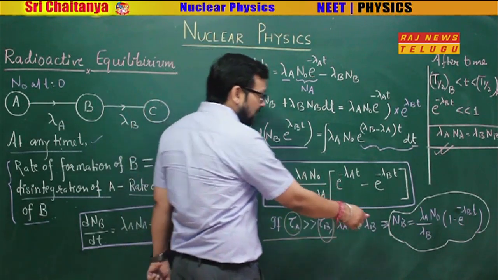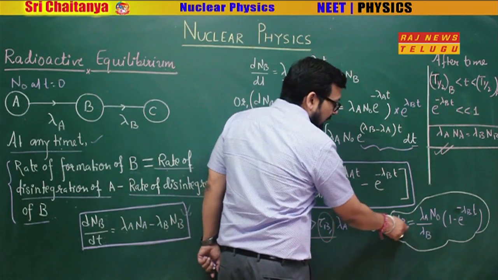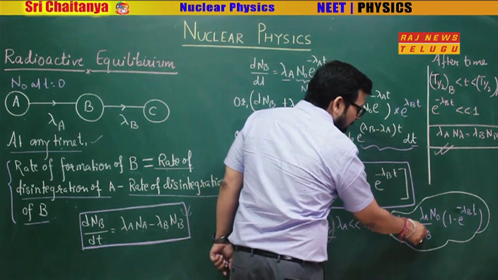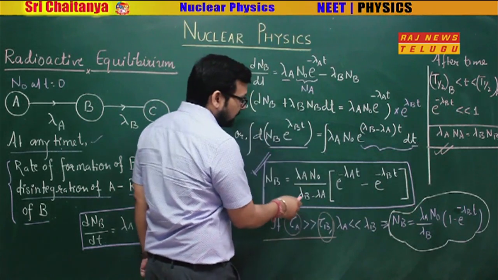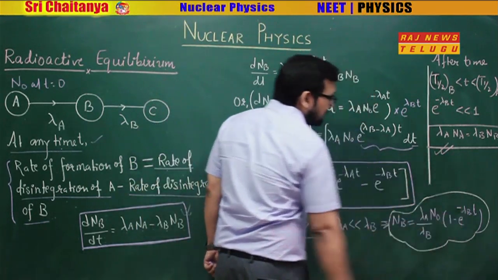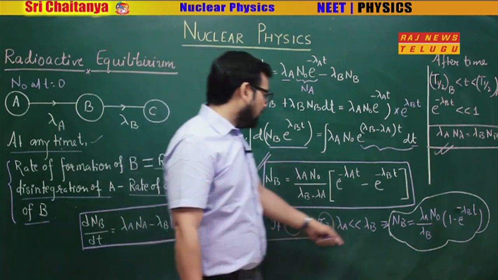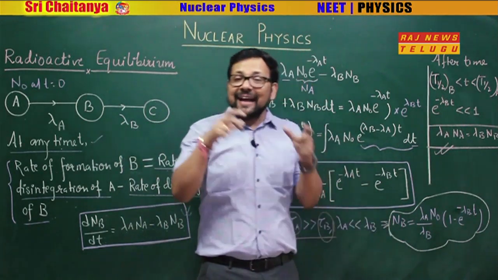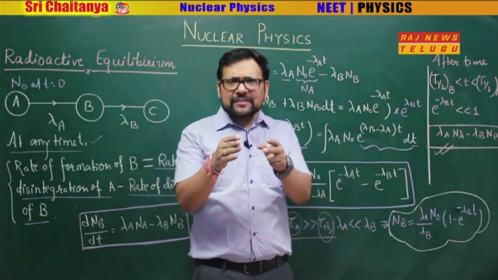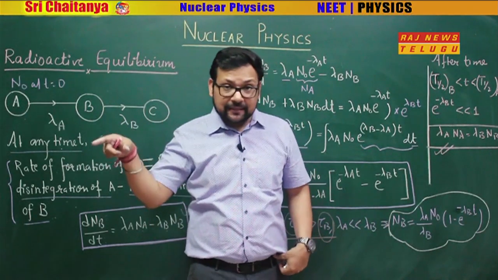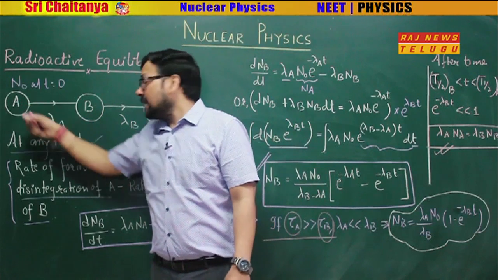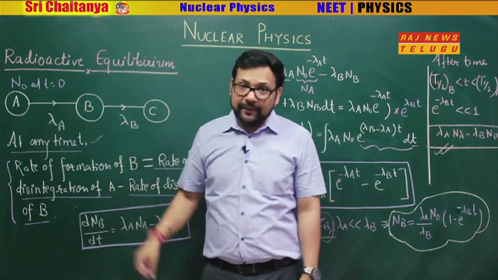So the equation is NB at any time T is lambda A by lambda B N naught, times 1 minus e raised to power minus lambda B into T. That is NB at any time T when the average life of A is much greater than that of B.